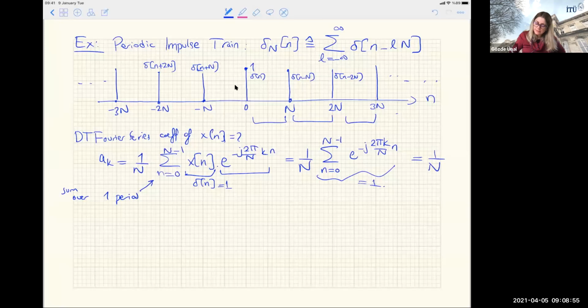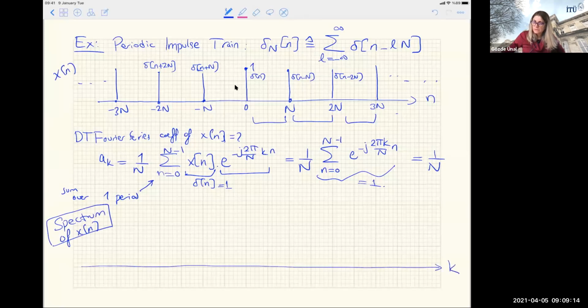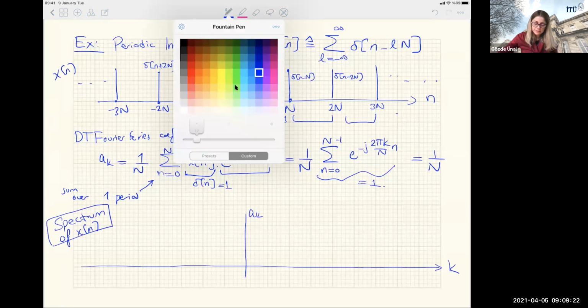Okay, so in the end, these are the AKs. Let's look at the spectrum. This was X of n. Now let's look at the spectrum of X of n. Okay, graph. Let's just plot this. K, it's a function of frequency, of course. So this is my AK axis.